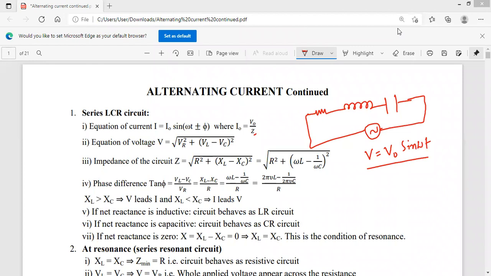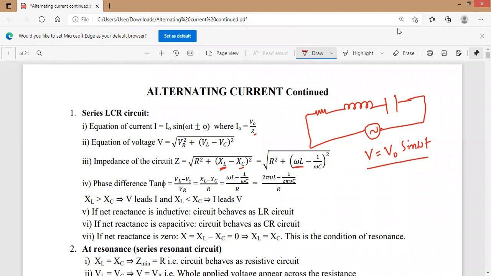The impedance of the circuit Z equals square root of R square plus XL minus XC whole square, where XL is equal to omega L and XC is equal to 1 by omega C. Then the phase difference tan phi is equal to VL minus VC by VR.